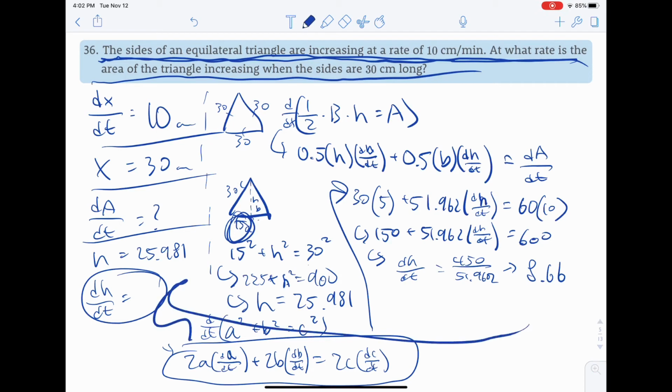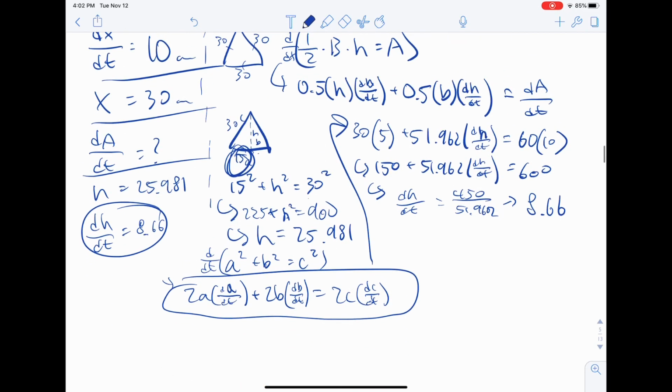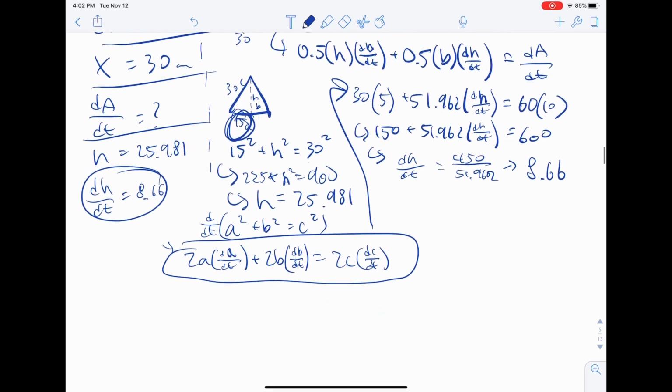Nice, so we're almost done. Now all we have to do is plug in.